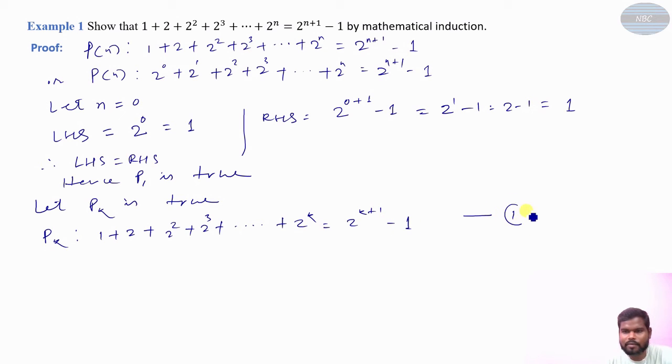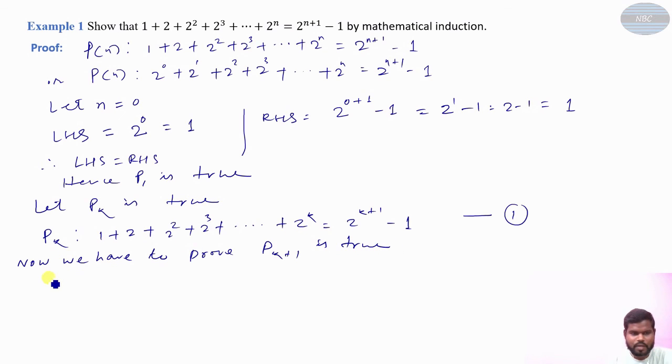Let it be equation 1. Now we have to prove Pk plus 1 is true, and you have to prove this one.